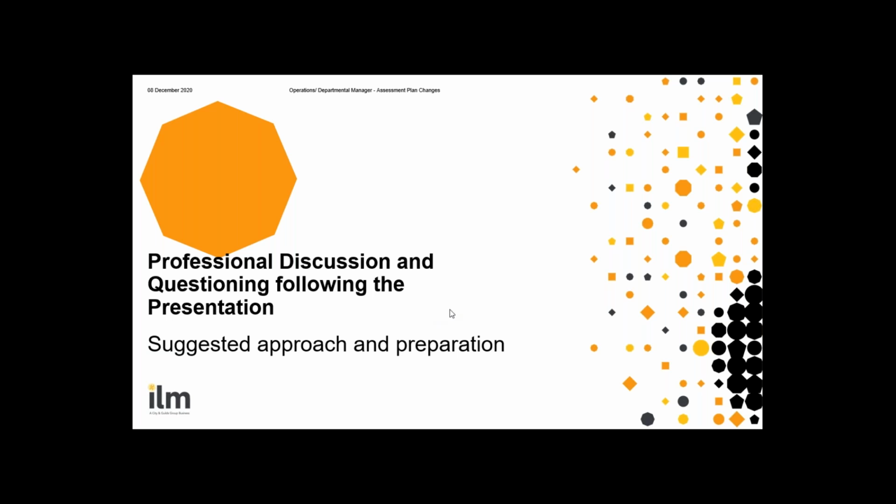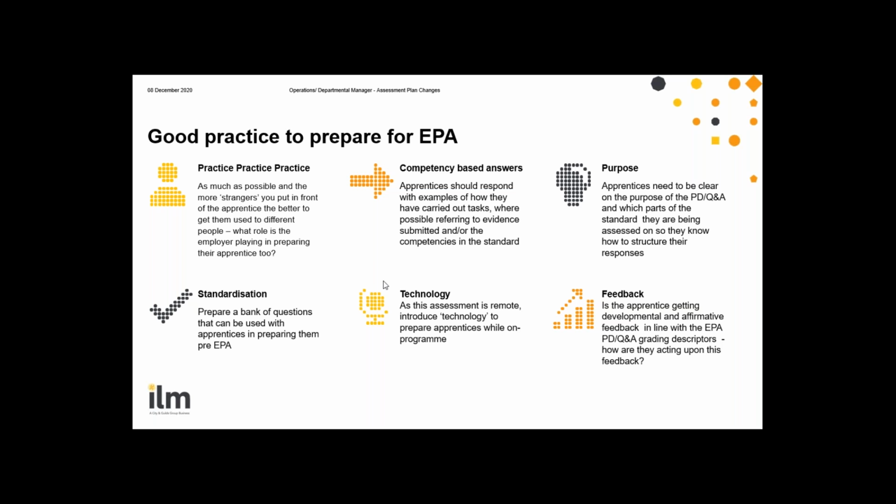So the professional discussion follows on from the presentation. Good practice for preparing for the endpoint assessment is absolutely practice, practice, practice. If you can get them practising professional discussions on programme, it will help them.